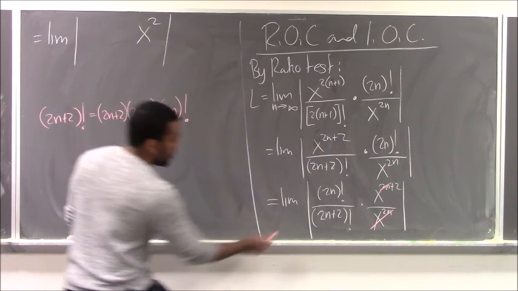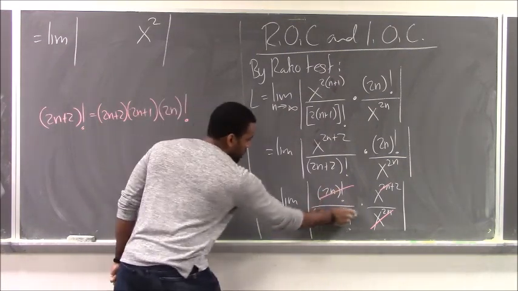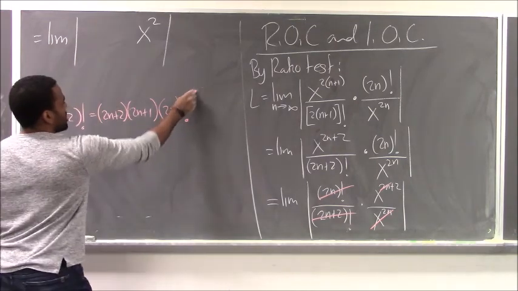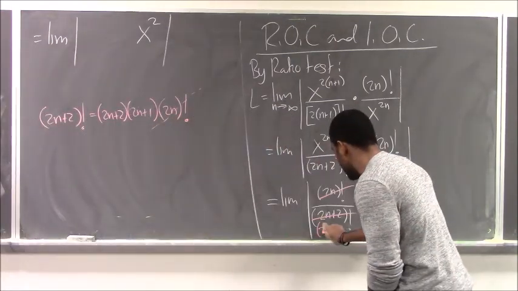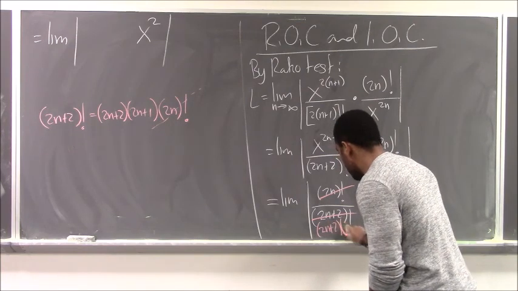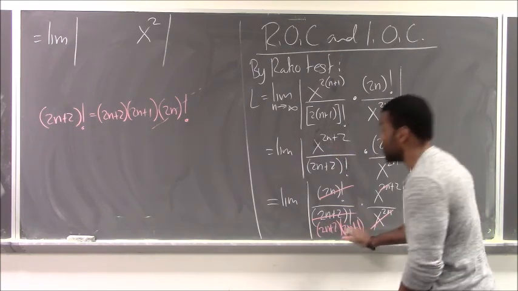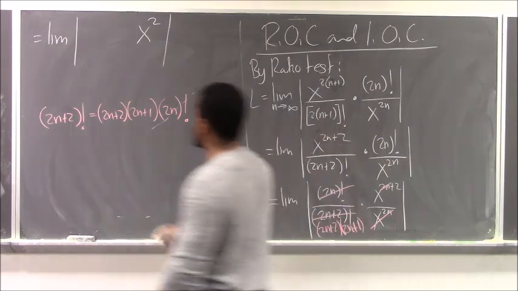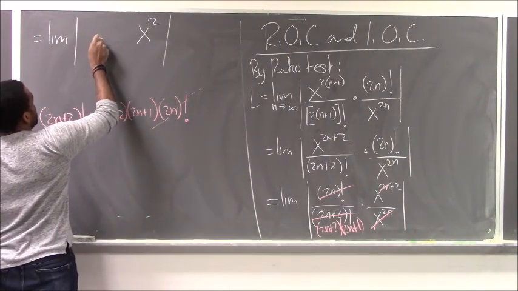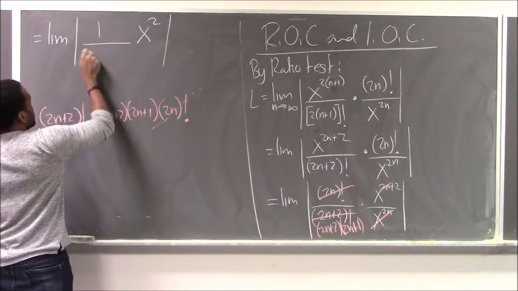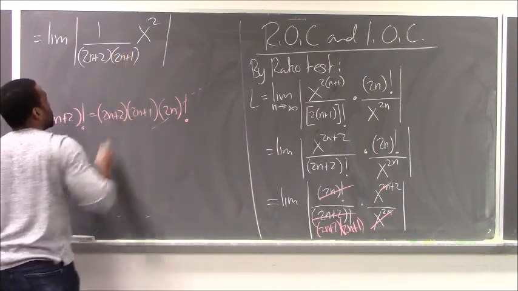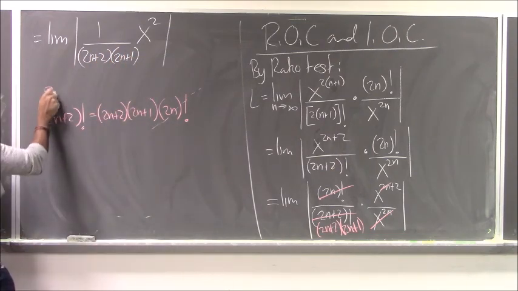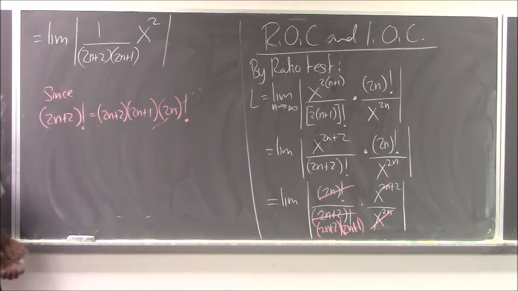So the 2n factorial cancels into this part, and we're left over with 2n plus 2 times 2n plus 1. So this here is just 1 over 2n plus 2 times 2n plus 1. And that's because this is true.